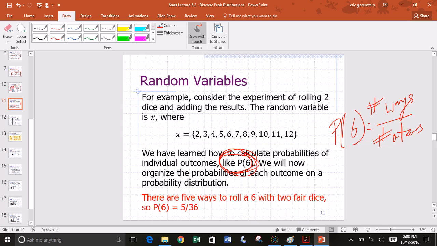When you're rolling 2 dice, you have 6 possibilities for the first die, 6 possibilities for the second. 6 times 6 is 36.